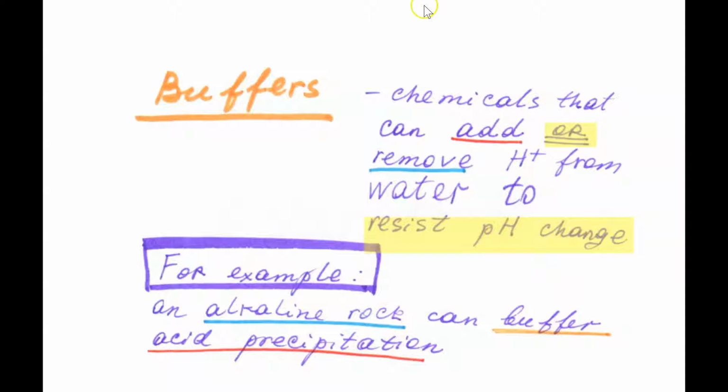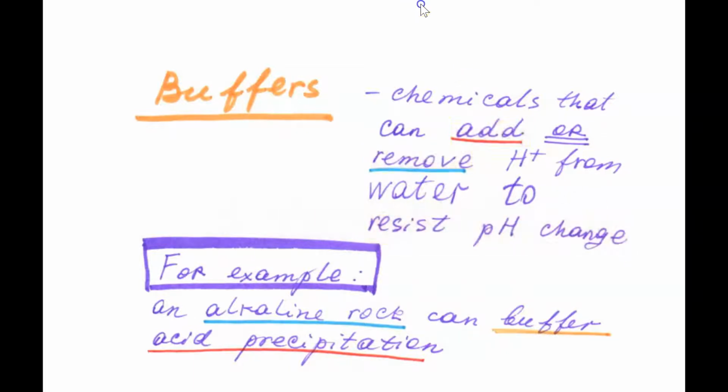So let's think about it. These are very special chemicals that can either add hydrogen ions or remove hydrogen ions. So they can go both ways, and this will help to resist pH change.